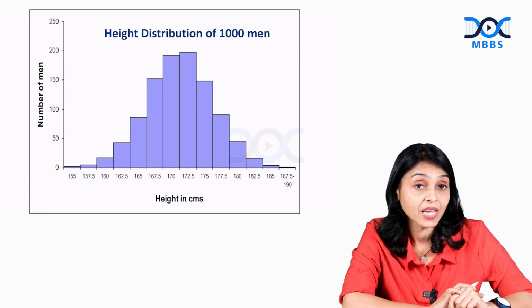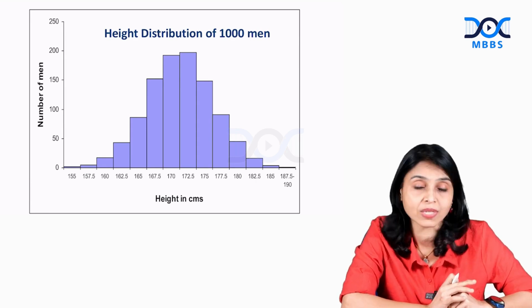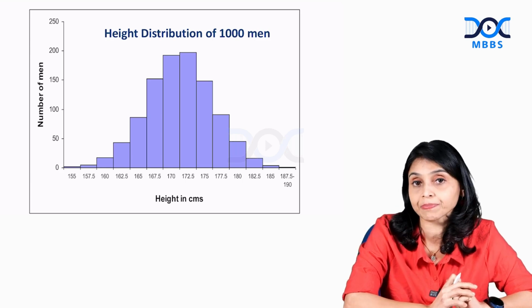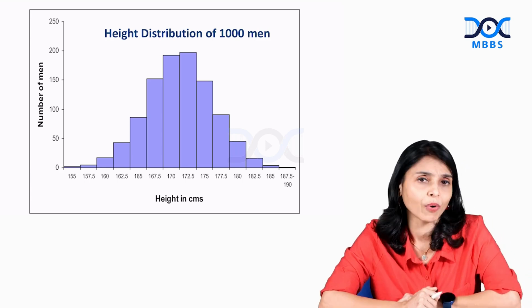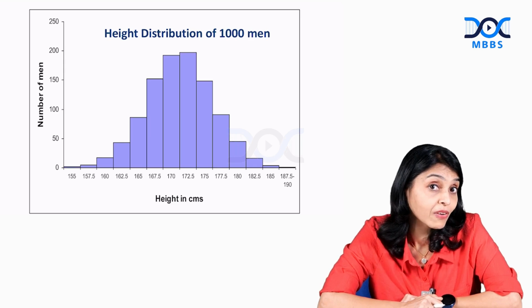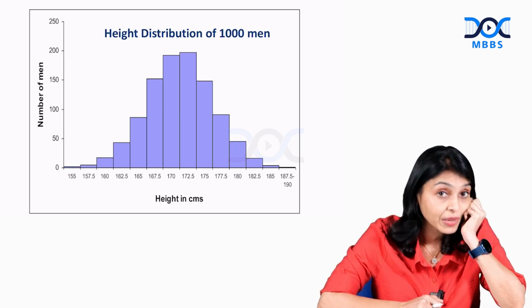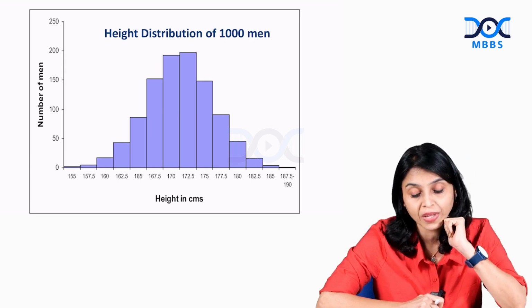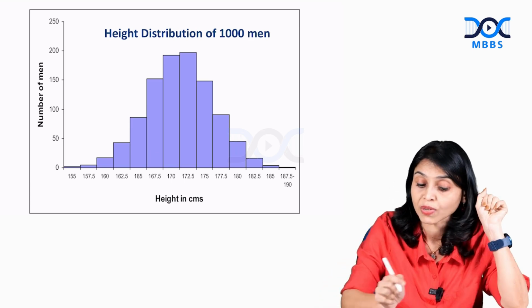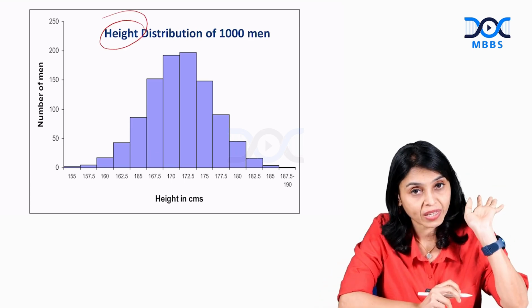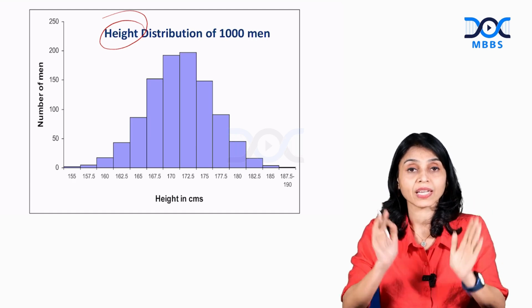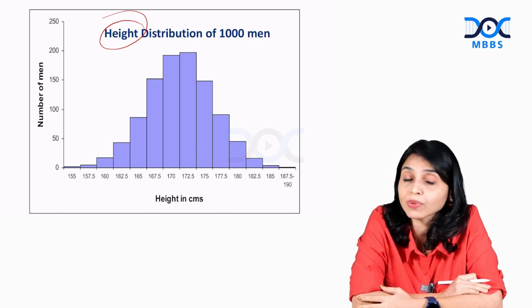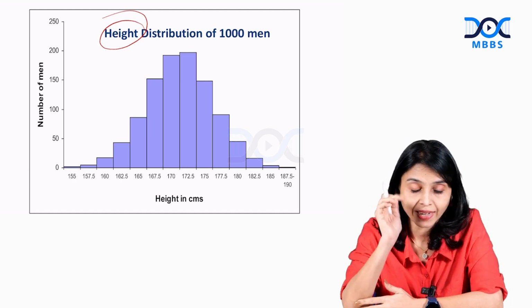So this is the height distribution of 1,000 men in city X. First question. What do you call this distribution as? We've already seen this in presentation of data. What is it? This is histogram. Now, why this is histogram? Because we know height is a continuous variable, right? Okay, so this is a histogram showing height of 1,000 males in city X.